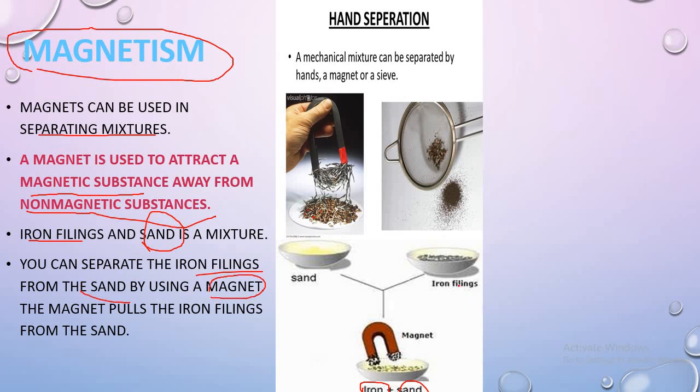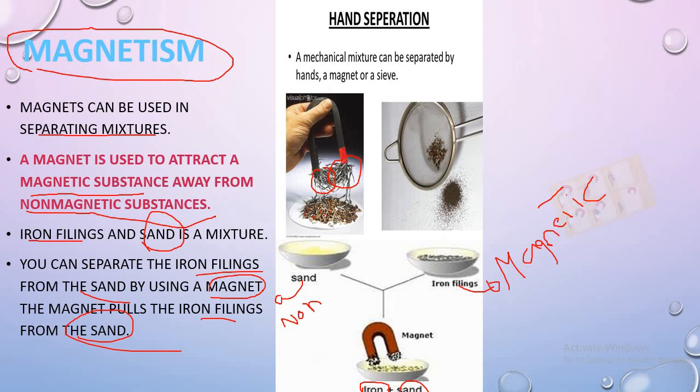Iron filings are a magnetic material, while sand is non-magnetic. Iron filings can be attracted by a magnet, while sand cannot. The magnet pulls the iron filings from the sand or from the wood and separates them.